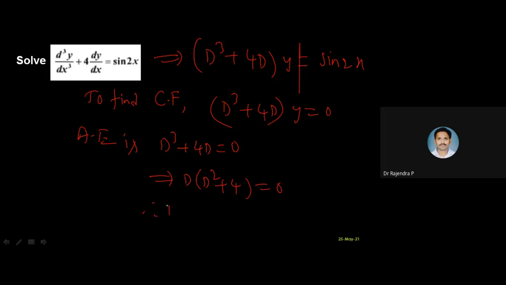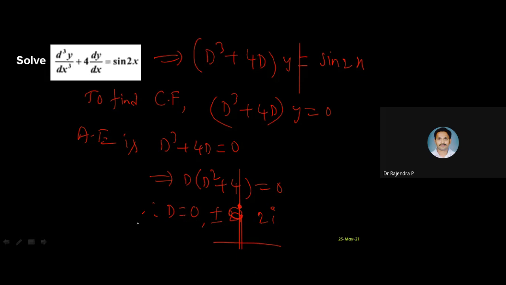What are your roots, the D values? One is 0, the other is plus or minus 2i. So alpha value is 0, beta value is 2 in this case. Here two complex roots are there.